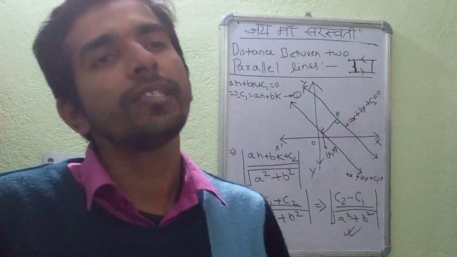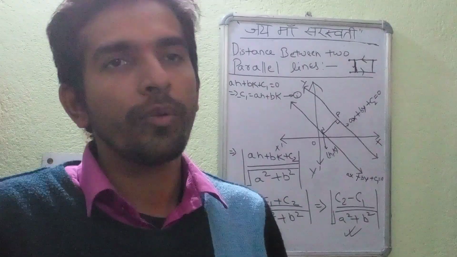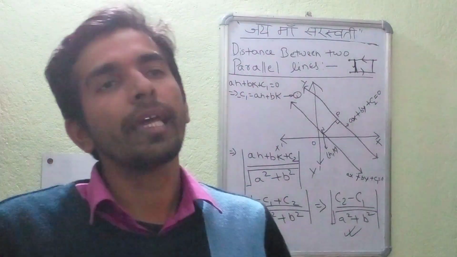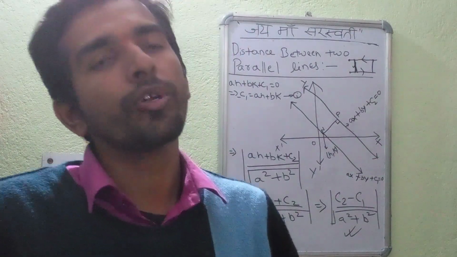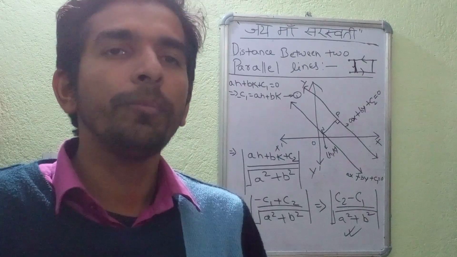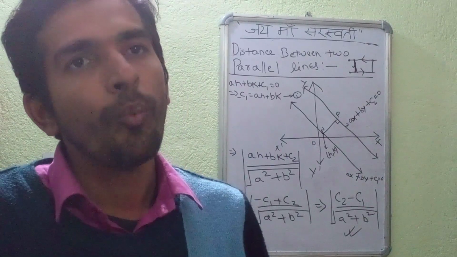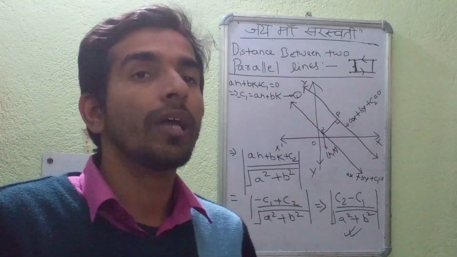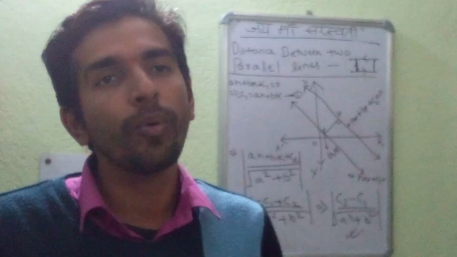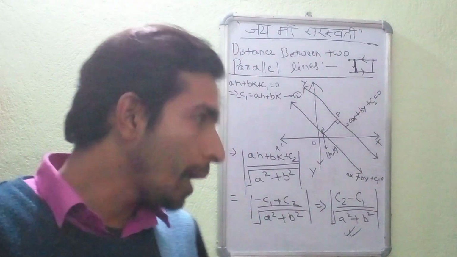Whenever two lines are mutually perpendicular to each other, the product of slopes will be -1, that is, m1 into m2 is equal to -1. Whenever the lines are parallel to each other, their slopes will be equal, that is, m1 is equal to m2.